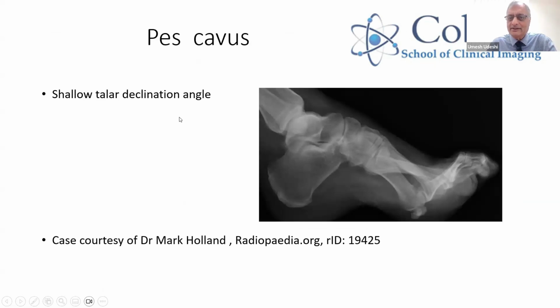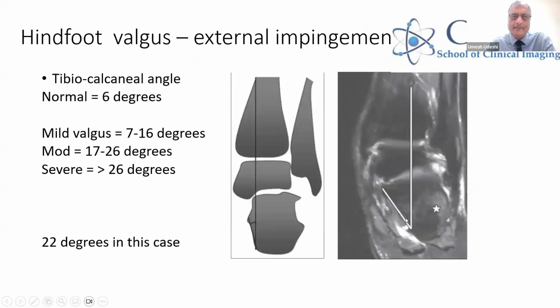Here the talus is pretty horizontal, so the angle between the horizontal and the talus long axis is basically zero. So that's a shallow declination angle, or a pes cavus. And you can get a clue to that on MRI, although it's not the proper, reliable way to assess it.